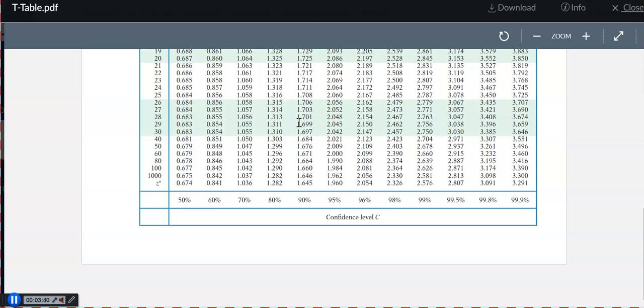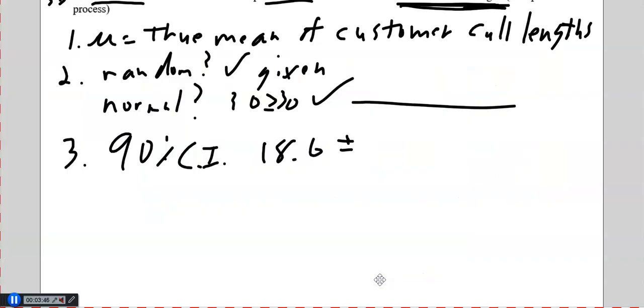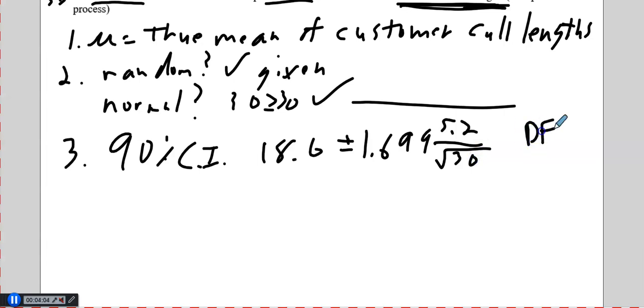1.699. So remember, we're not using a z-score here. We're using a t. So we come back here, and we're going to write 1.699. Then this number here is the standard deviation, which we are given, divided by the square root of our number. If you want to write off to the side to remind yourself the degrees of freedom were 29, that's fine.